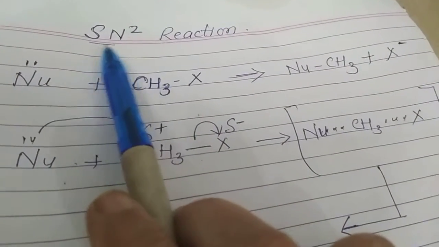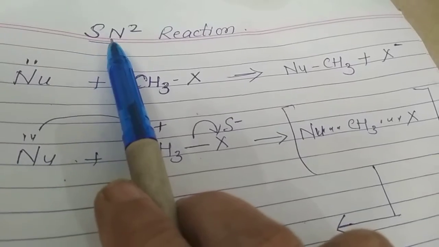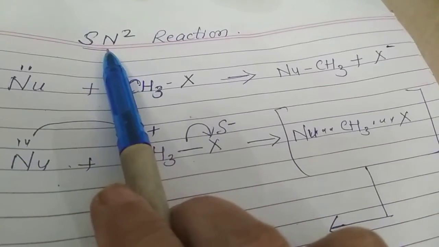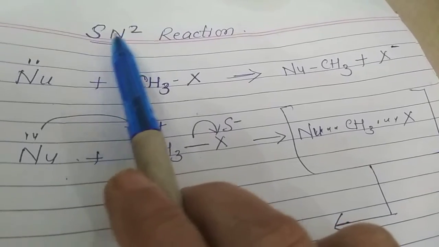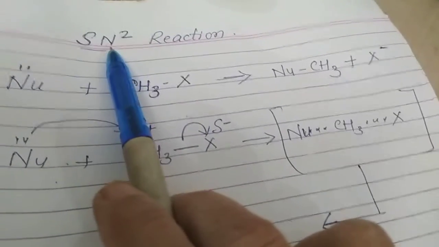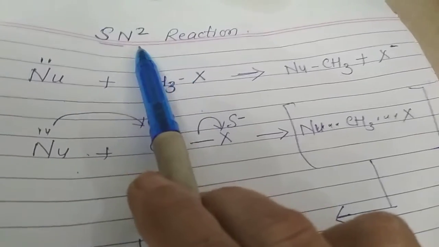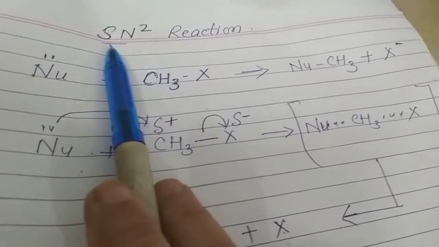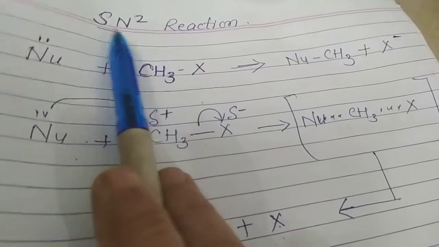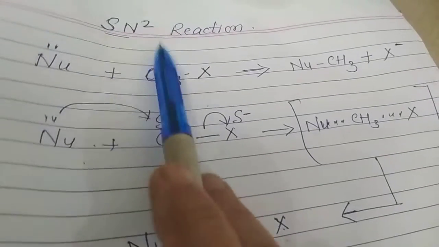SN2 reaction means substitution nucleophilic bimolecular reaction, or you can also call it nucleophilic substitution bimolecular reaction. As the name says, the heading goes like that. Now, what does this reaction say? You know very well what substitution is, that is, one taking the place of another.